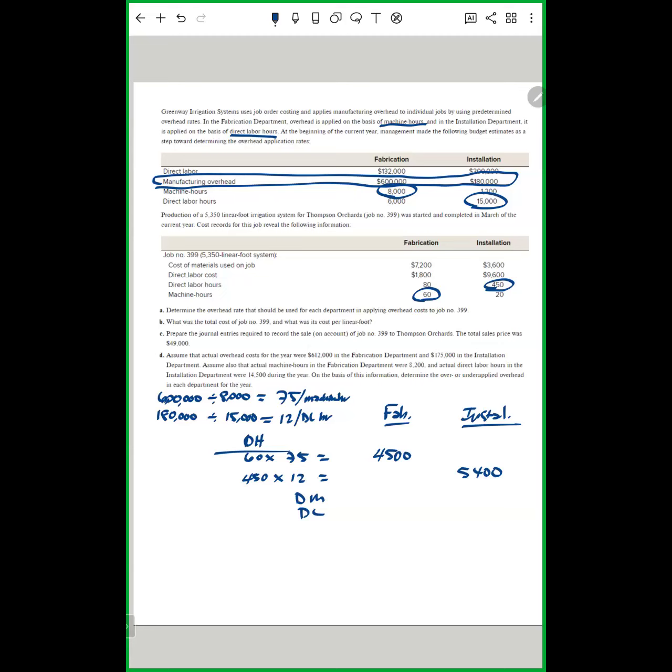Then we need to include the direct materials and the direct labor. So direct material, cost of materials used in the job: 7,200 and 3,600. And direct labor: 1,800 and 9,600.